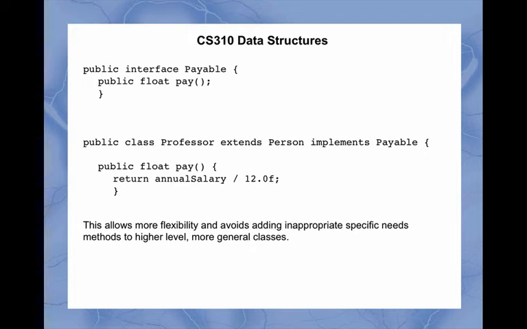So we have public float pay, and then the code to do that. It makes perfect sense here, and this allows more flexibility, and it helps to avoid adding inappropriate specificity to higher level classes. That is, this allows us to avoid things like putting GPA in class Person or pay in class Person.